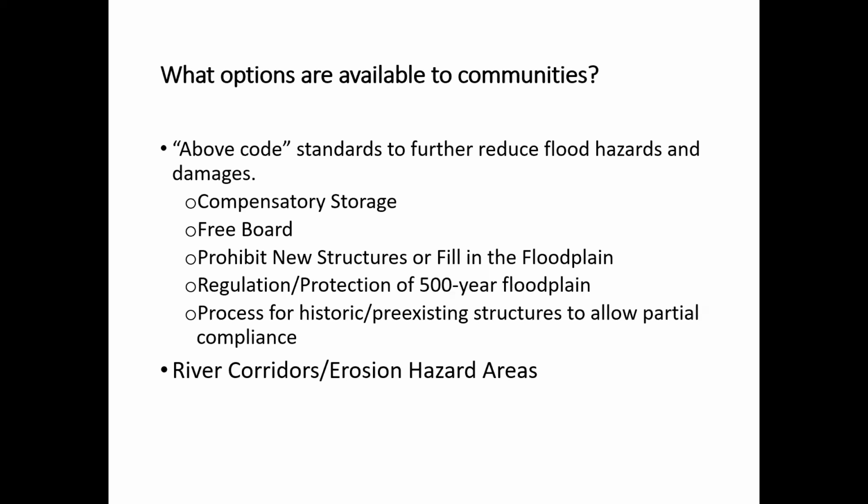So we're going to talk about some of these, as well as some of the reasons communities might consider adopting some of them. So the big ones: compensatory storage, which we've talked a little bit about, freeboard, which means additional elevation, a prohibition on new structures or fill, regulation of the 500-year floodplain, and then a process to get to that point of what to do about historic and pre-existing structures.